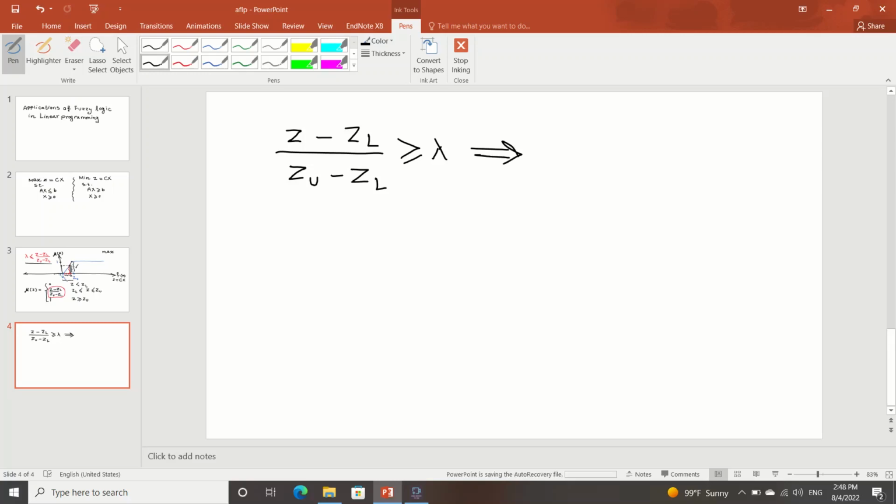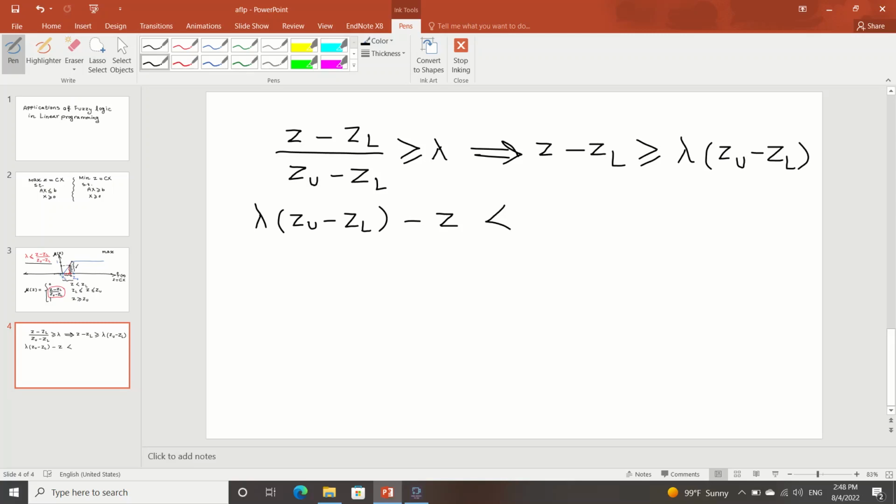So Z minus ZL is greater than lambda times ZU minus ZL, or lambda times ZU minus ZL minus Z is less than negative Z lower.